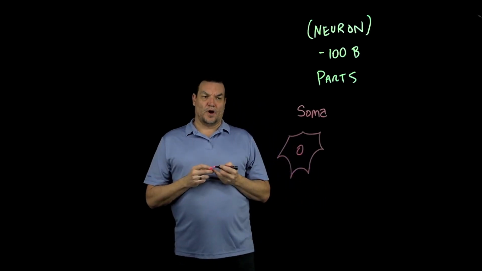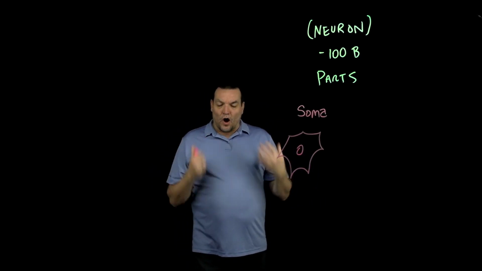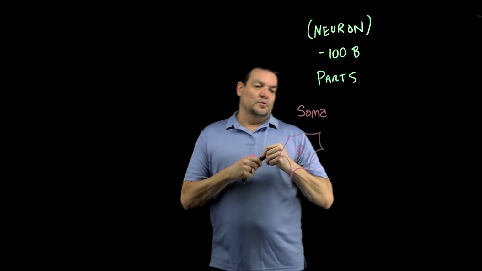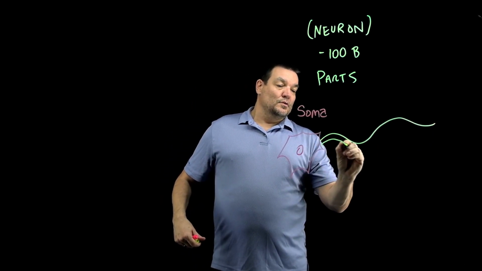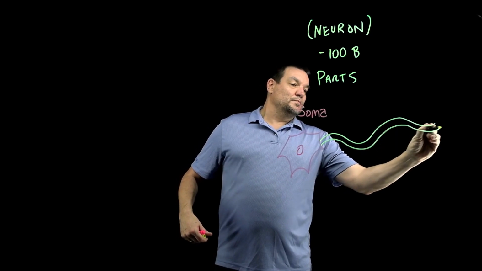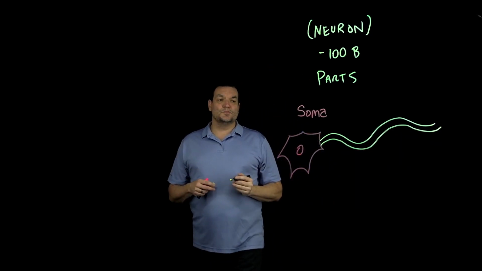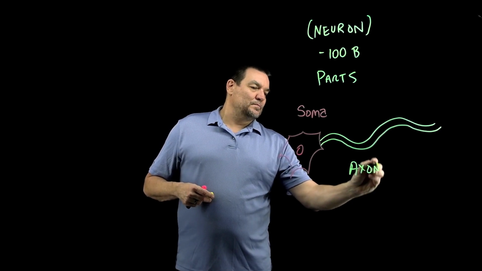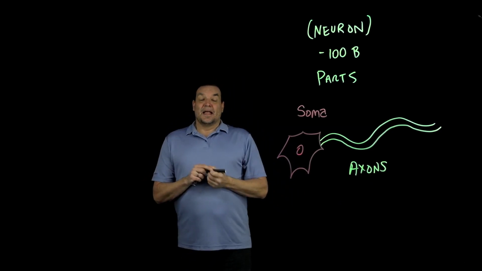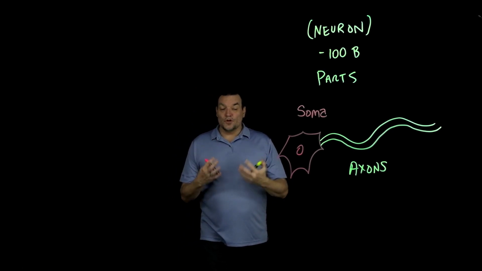The soma is not the only part of the neuron, right? Brain cells also have long protruding tubes. These long protruding tubes are called axons. Axons are long and tubular.